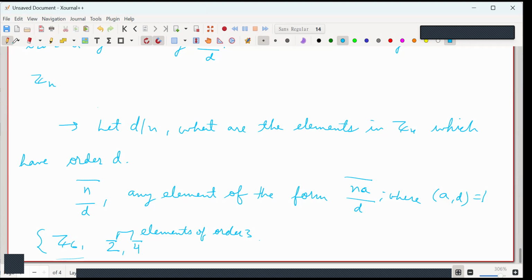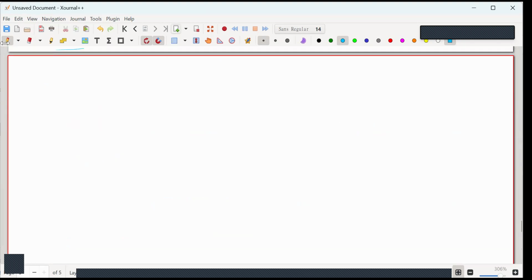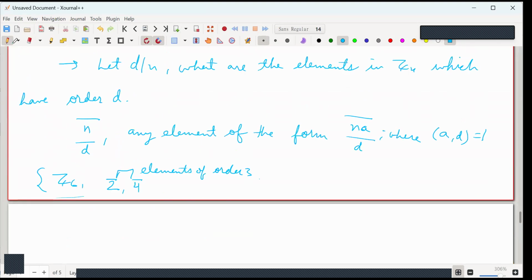You agree with me? Yes, sir. You just give it a thought, it will be clear. If you are multiplying something which has a common factor with d, then there's no need to add d so many times. For example, if you are multiplying n r by d, where r and d have some common factor k, then instead of adding these many times, you can simply add d by k times.